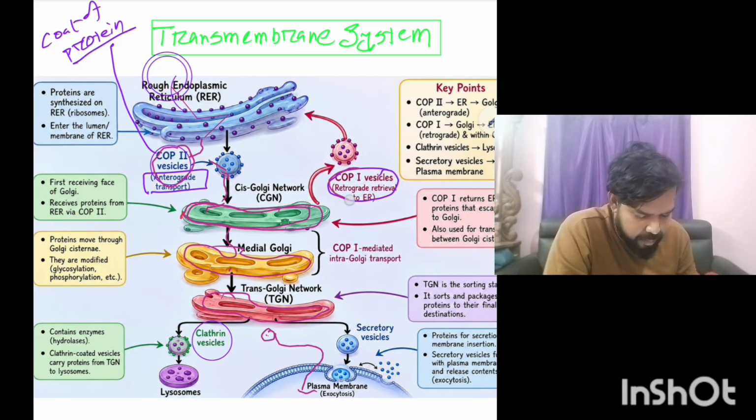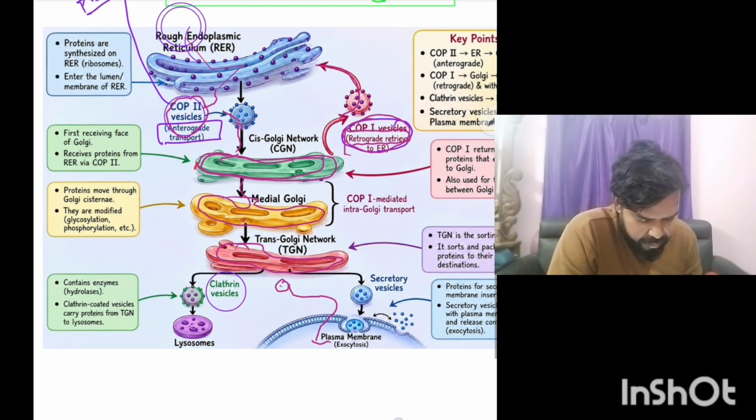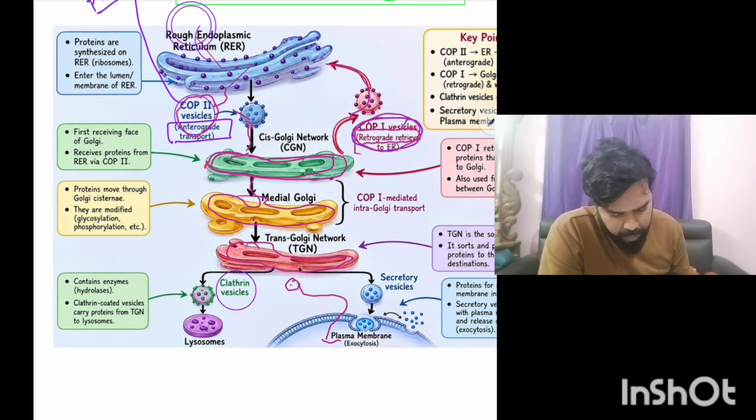That vesicle cover is formed by another protein called COP1 protein, forming COP1 vesicles, and again it is transferred into the endoplasmic reticulum by the process called retrograde transport. So this is about COP2 and COP1 vesicles.